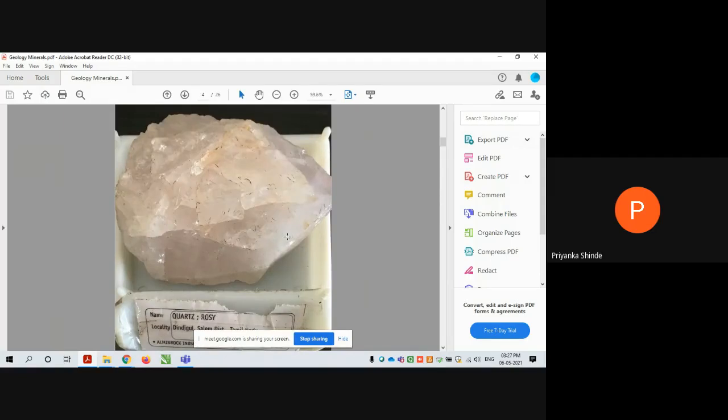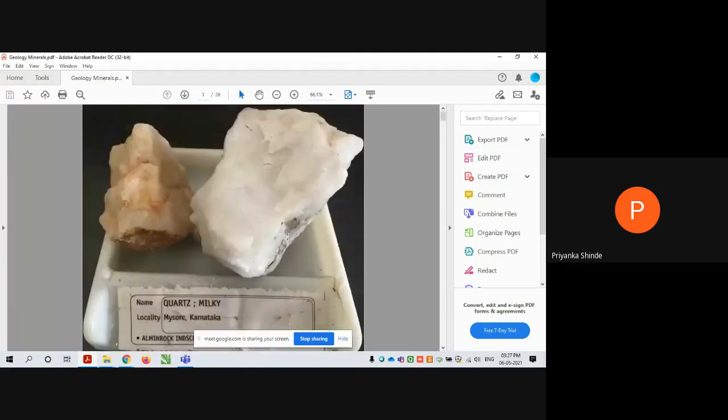They all have the same properties except their color. So the first property is color. Whatever color is shown by the mineral, that you have to write in the exam. The specimen will be given to you and you have to write the color of that particular mineral by seeing it. Then the next property is streak.